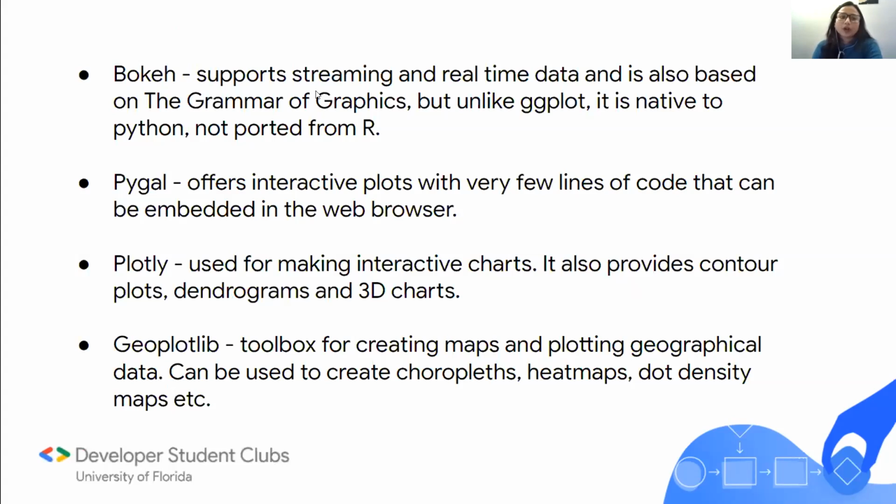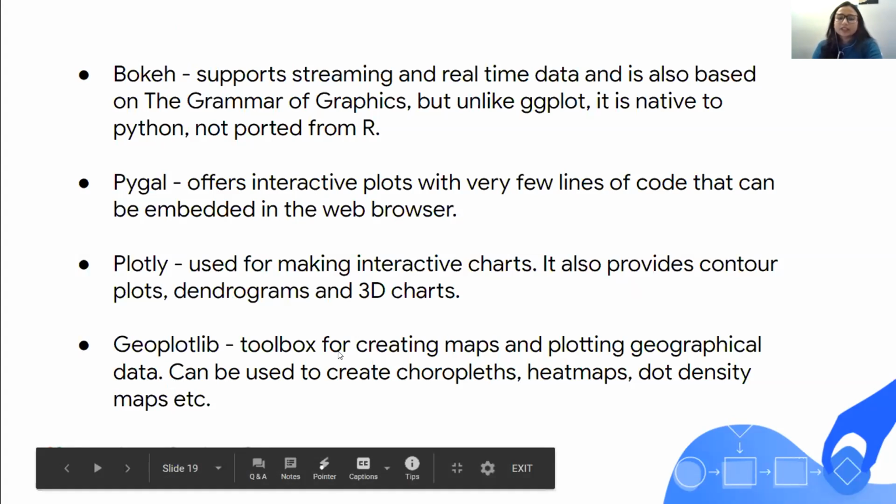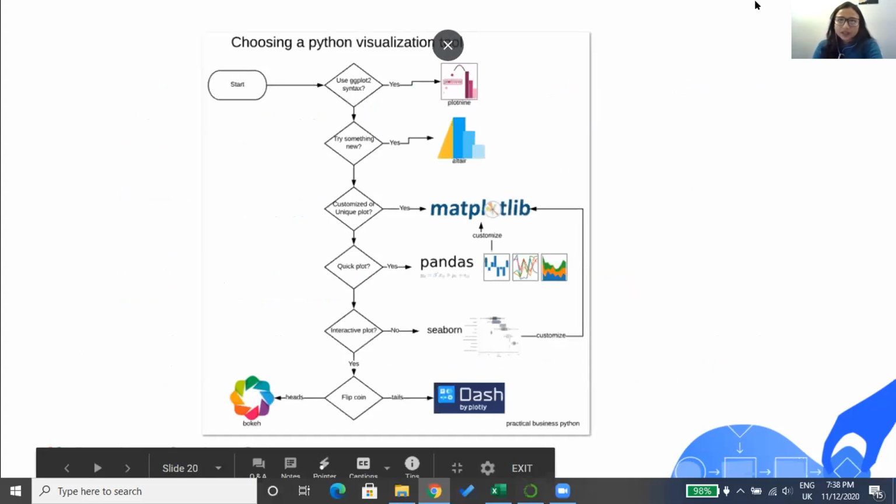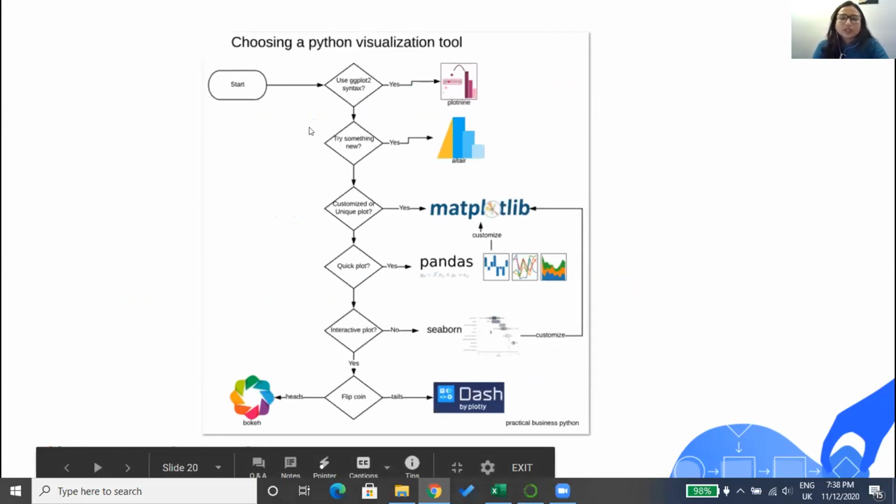If you want real-time streaming data, something like stocks, which change in real time, we can use bokeh. And geoplotlib is for creating maps and geographical data. And this is a flowchart which describes it in an easier way.